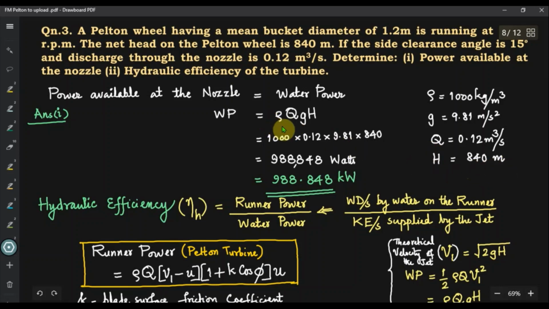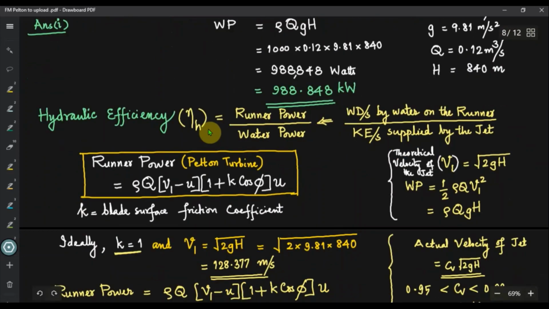If you substitute rho, Q, g and H, you get 9,88,848 watts or 988.848 kilowatts. That is the water power, or the power available at the nozzle.